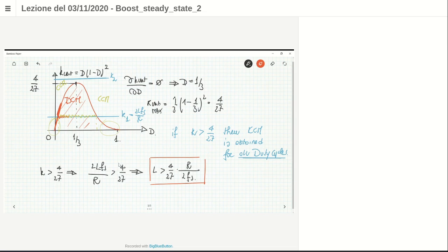What does it mean, these kind of inequalities here? Then you have to buy an inductance which is large, okay? Because you have to choose your maximum point of your critical curve, which is 4 divided by 27, then you have to choose an inductance which is larger than this.